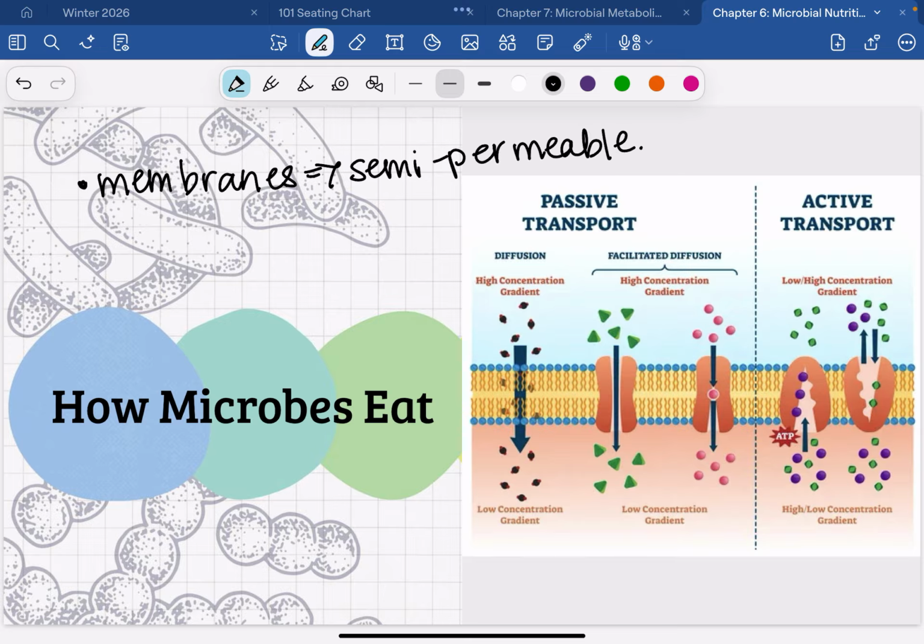Which means that some things can get in and some things can't. So since some things can get into a bacterial cell and some things can't, how does a bacteria bring in all of the things that it wants to eat, all of the things that it needs to consume? How do those things get across the cell membrane? And that's what we're going to talk about now.